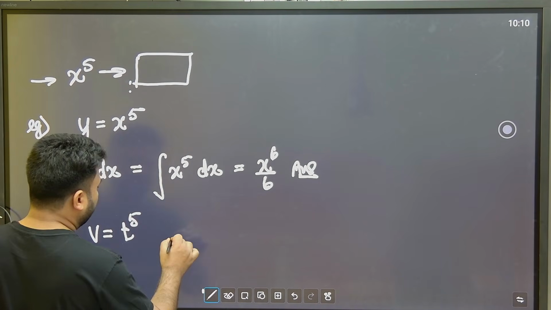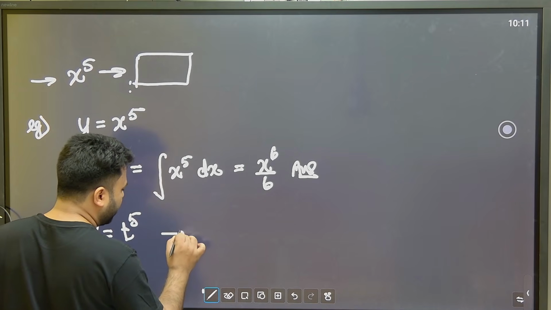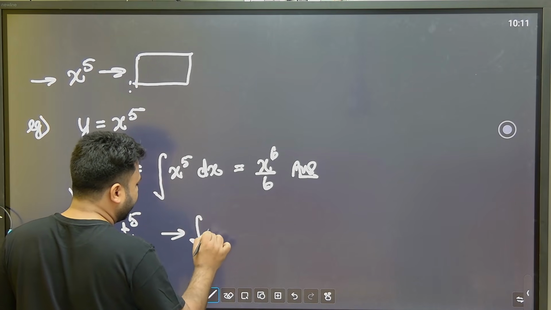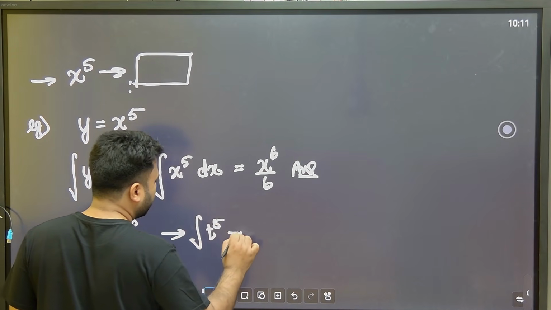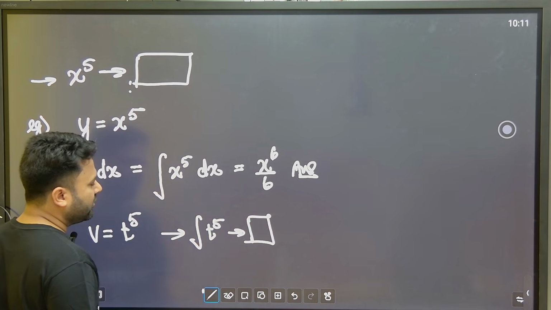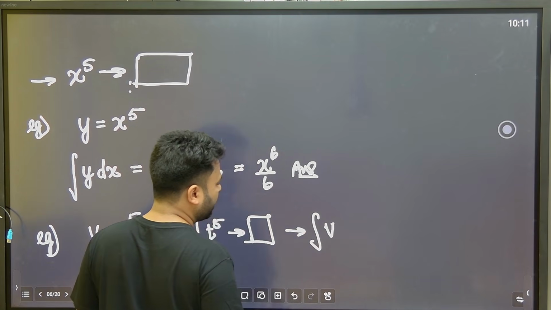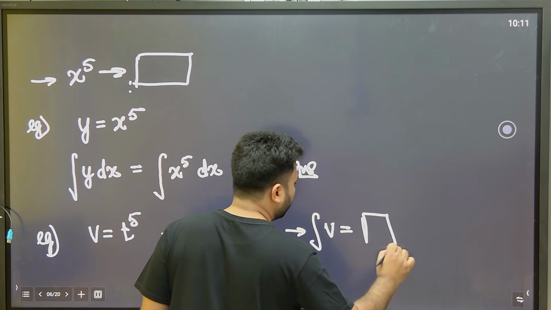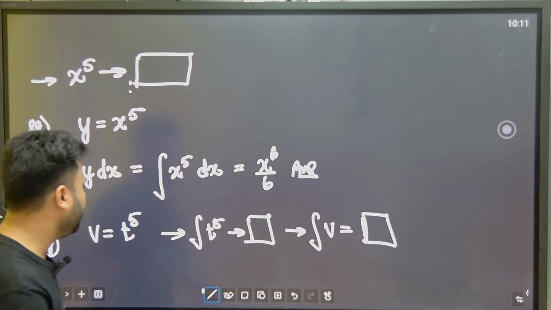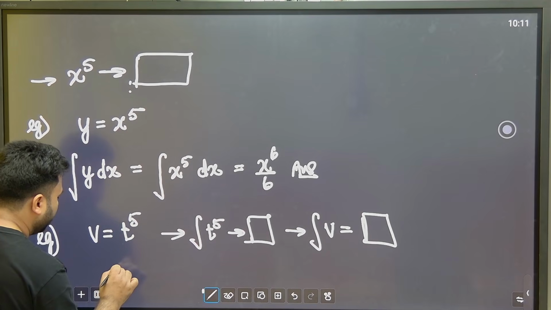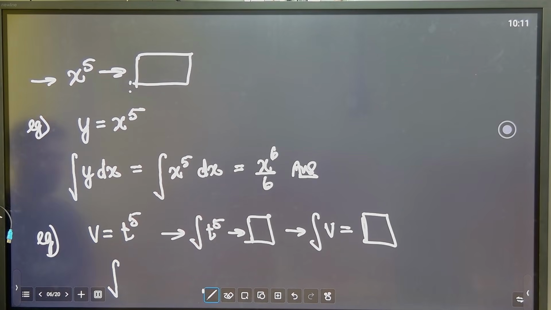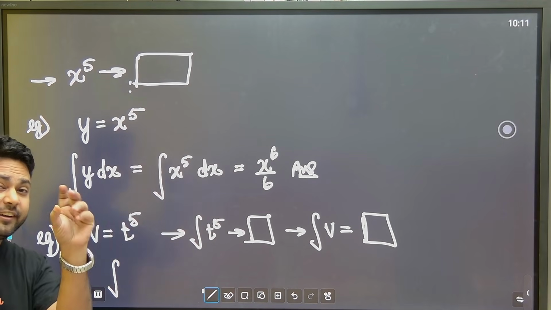So they are not going to write, understand this properly, what is the integration of t to the power 5. No. They are not going to write what is the integration of v. No. Learn the proper format. They will ask for the integration of v depends upon t, like dy by dx.